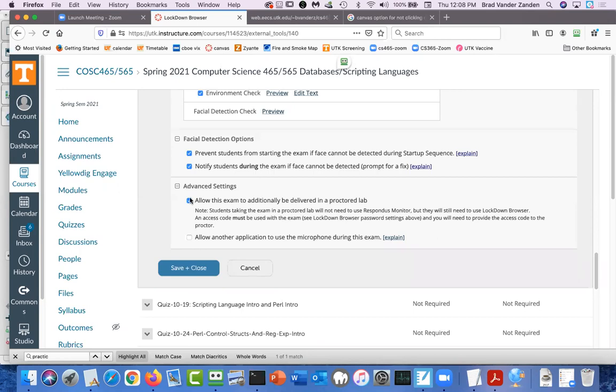What's the reason for using, I guess, Respondus over just having our webcams on in Zoom? An open note and an open book exam. The issue is that at least the lockdown browser makes it more difficult for you to get to other websites. That's the main reason, is that even with video of you, if I don't use the lockdown browser, you can get to any website that you want.